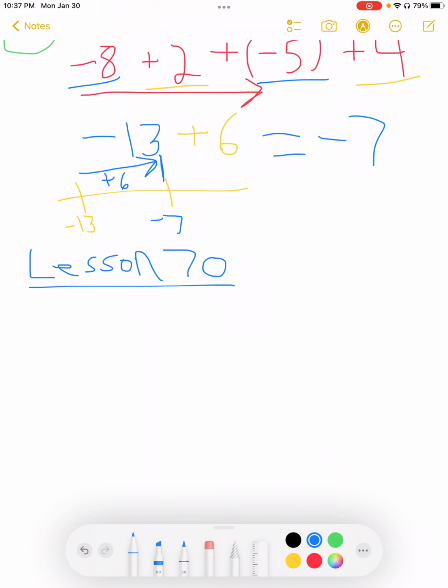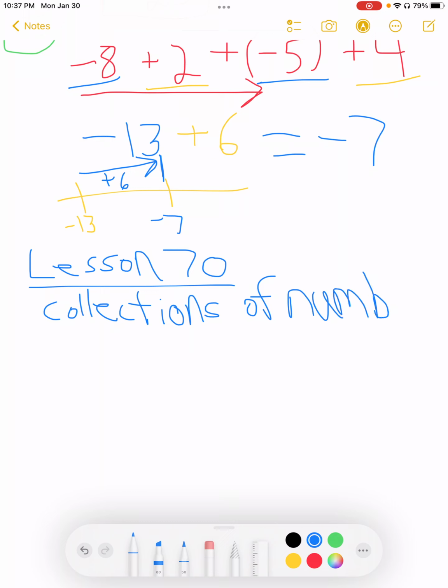Now we're going to talk about adding a collection of numbers. Okay, so collections of numbers. I'm applying what we learned in 69 again.